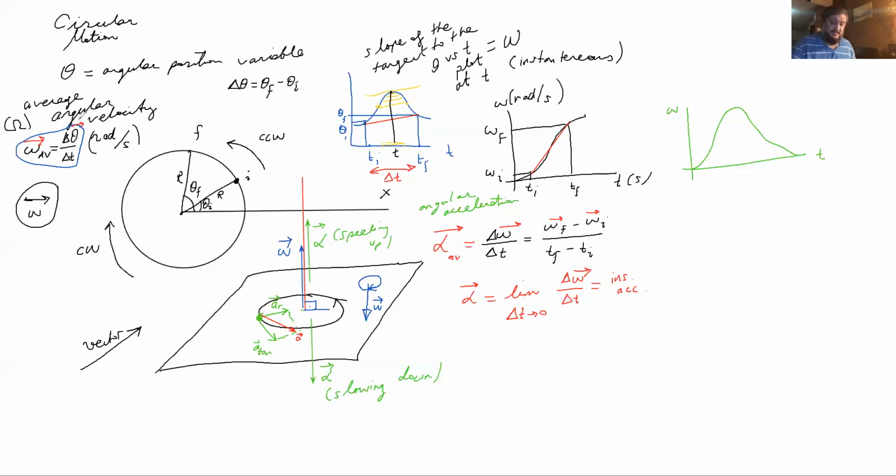There's no harm in attributing a direction to theta, although visually it doesn't mean much, because theta is just an angle in the plane of the circle. But in general, for completeness, you can define theta to be a vector that points up like this, while the object is going in a circle.